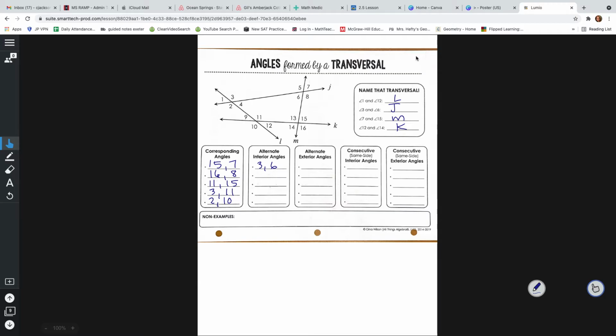Okay, give me another set. 2 and 11. 4 and 5. 13 and 8. 6 and 15. 11 and 14.